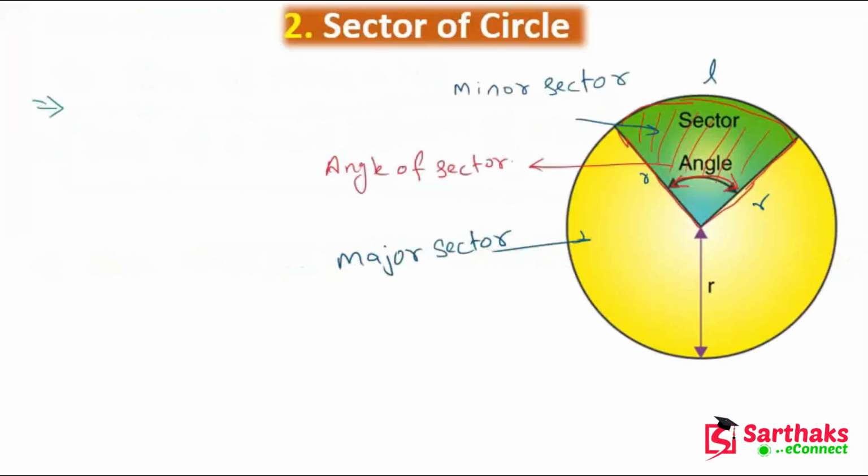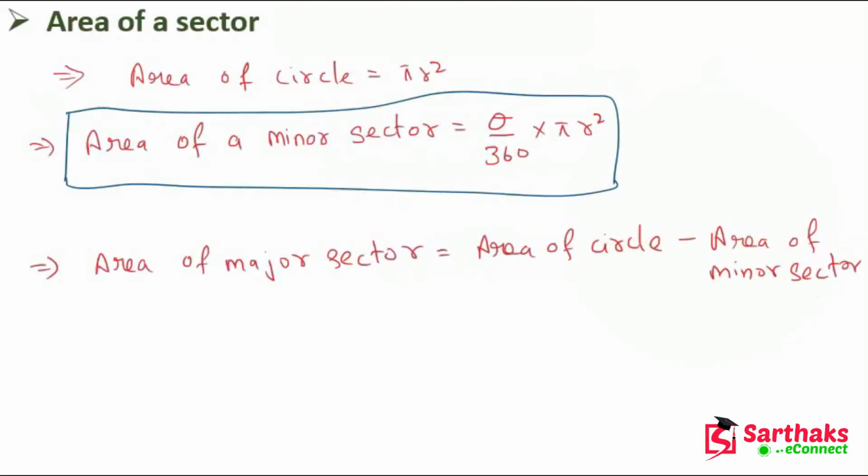As you can see in this figure, if we have the area of the minor sector and want to find the area of the major sector, we can find it by subtracting the area of the smaller sector, the minor sector, from the area of this whole circle.